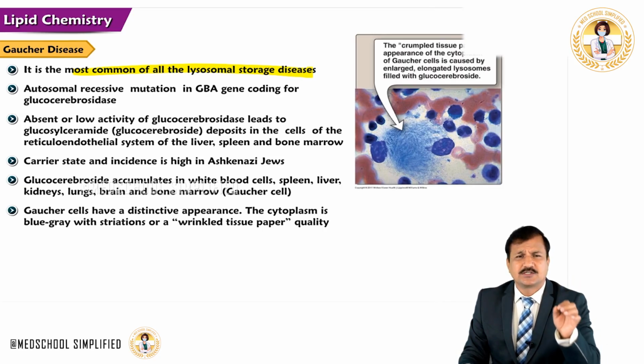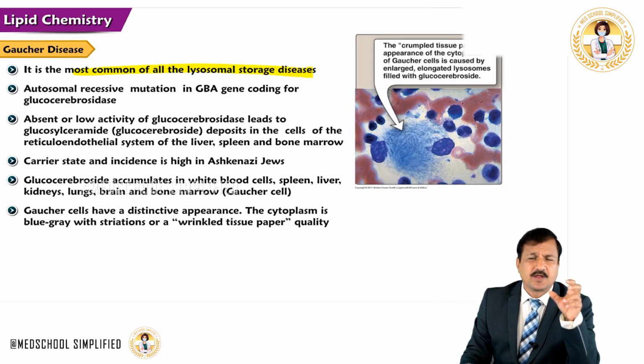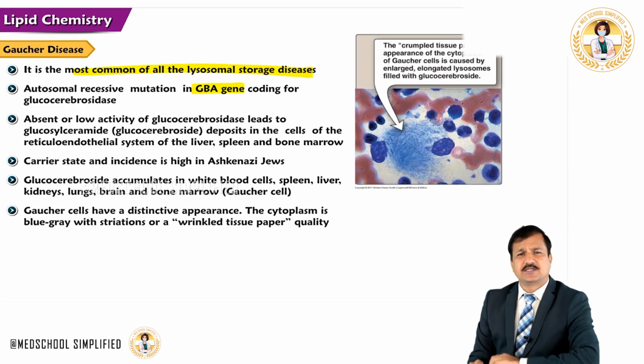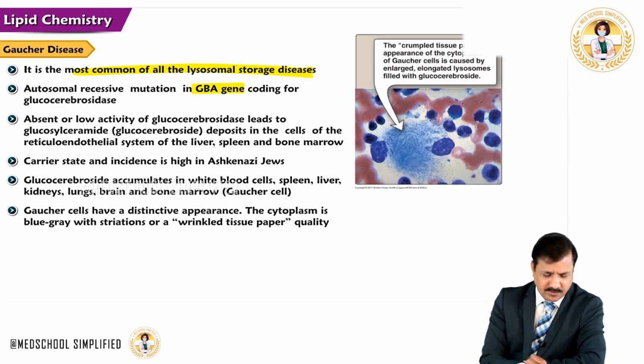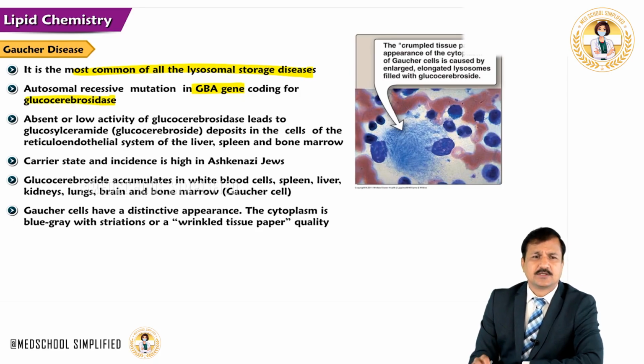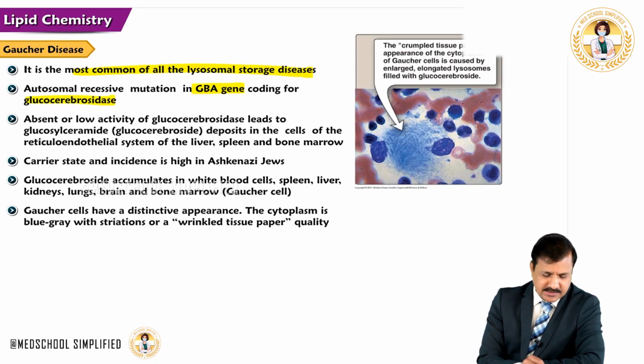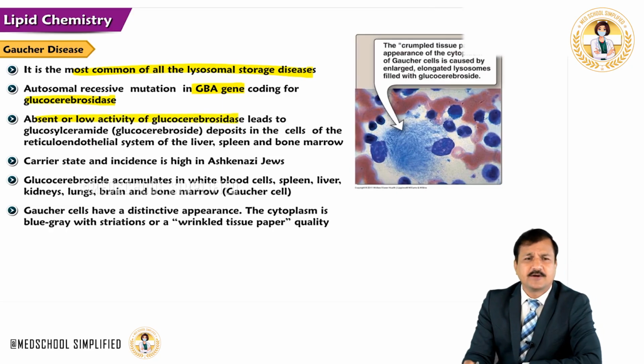Gaucher's disease is the most common one out of all lysosomal storage diseases. It is an autosomal recessive mutation in the GBA gene, and this GBA gene codes for the glucocerebrosidase enzyme. So there will be decreased or absent activity of glucocerebrosidase enzyme in this particular disorder.